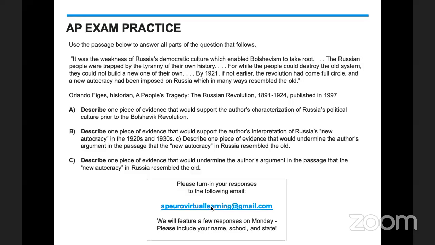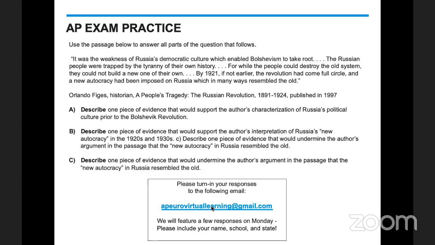And now we're looking at the prompts. For A, you want to describe one piece of evidence that would support the author's characterization of Russia's political culture prior to the Bolshevik Revolution. For B, describe one piece of evidence that would support the author's interpretation of Russia's new autocracy in the 1920s and 30s.